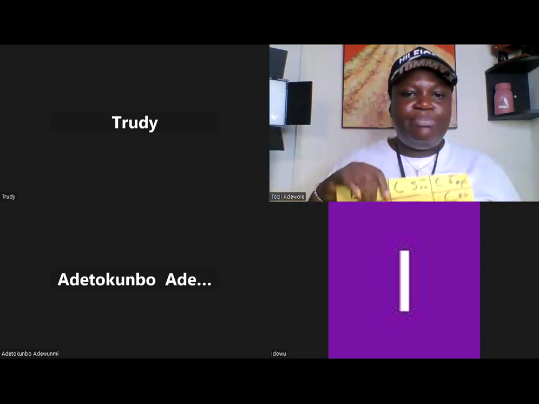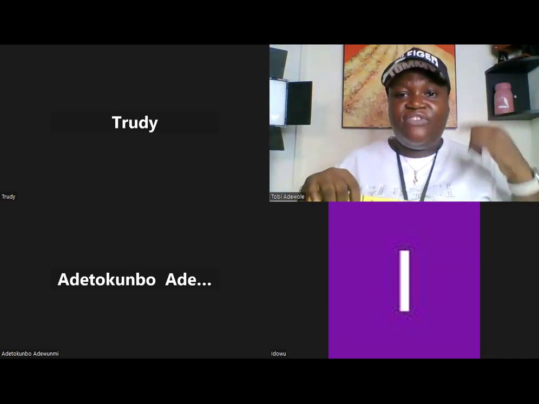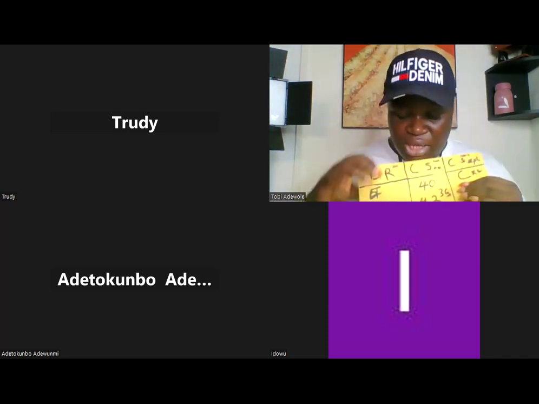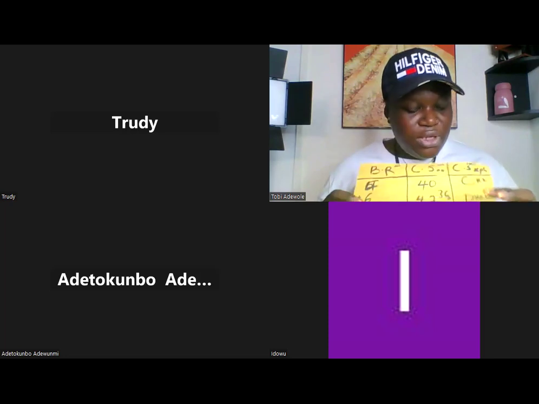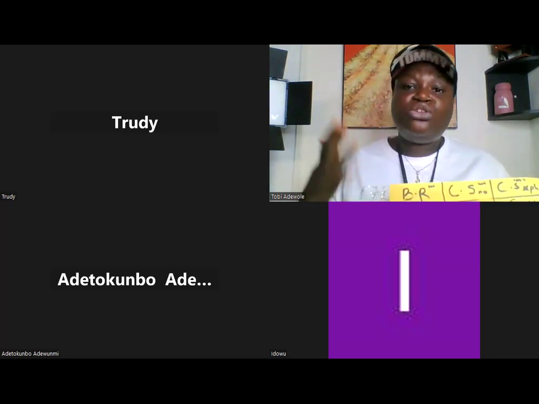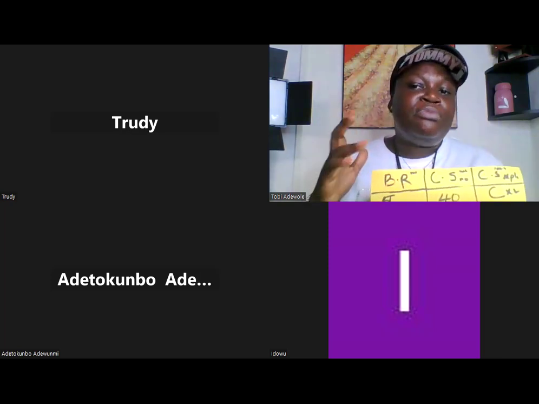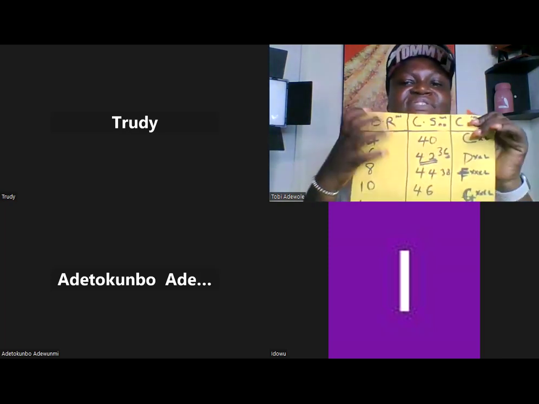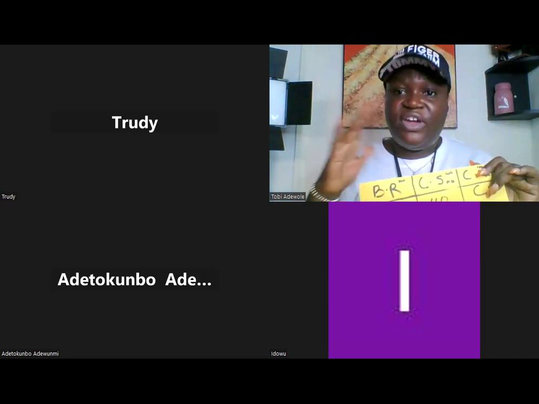And once you're able to, use yourself as the experiment. Know your bust ratio, look out for the cup that fits you perfectly, place it on your breast. So if you find the cup that fits you perfectly, then you can draft this chart and begin to use it for everybody.